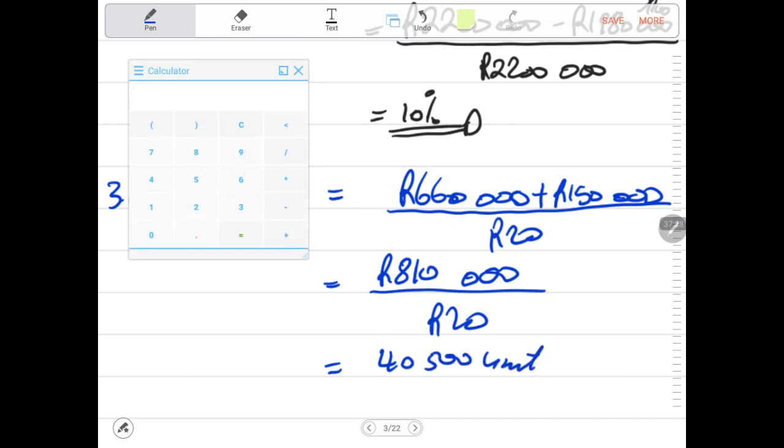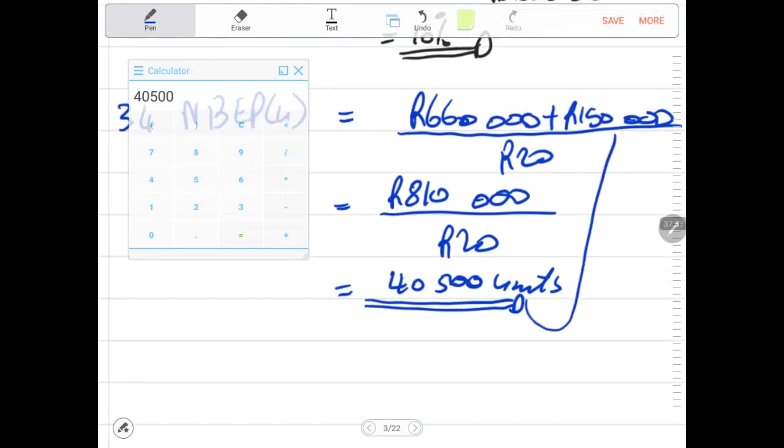And I hope you're very clear on this one because fixed cost is 660,000 plus 150,000 rands. Previously, this gave us 810,000. Divided by 20 rand, we get 40,500 units that must be sold in order for the owner to get a required return of 150,000.